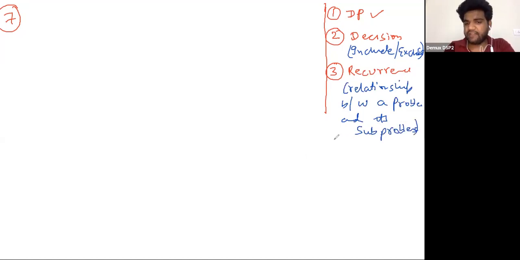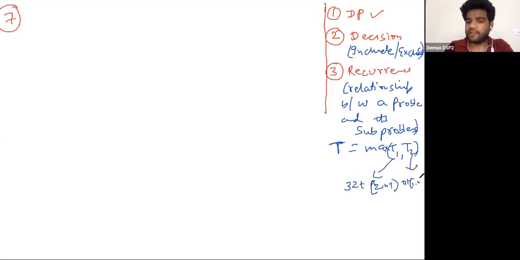And we arrived at the recurrence that if T denotes the maximum that the robber can rob from all the houses, then this is the maximum of T1 and T2, where T1 was basically 32 plus whatever you can get from 2 to n minus 1, and T2 was 0 plus whatever you can get from 1 to n minus 1.